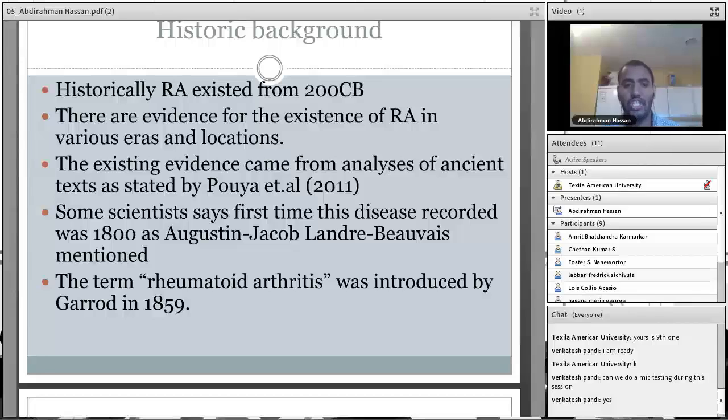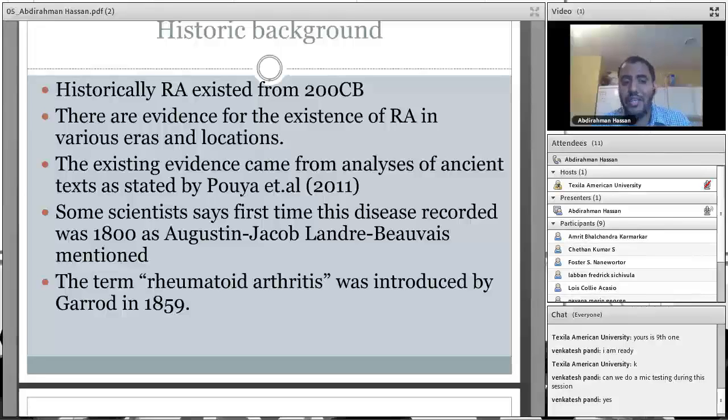If we talk about the historical background, rheumatoid arthritis existed since 200 BC, which is before Christ, and there is evidence for the existence of rheumatoid arthritis in various areas and locations in the world at that time or even after that time.